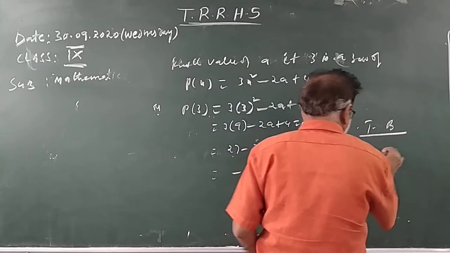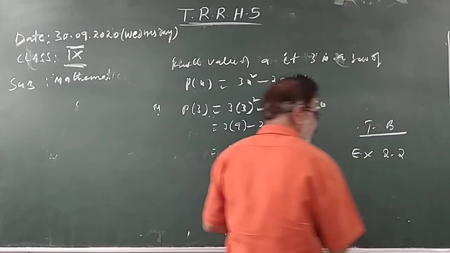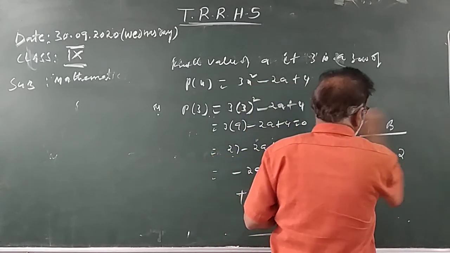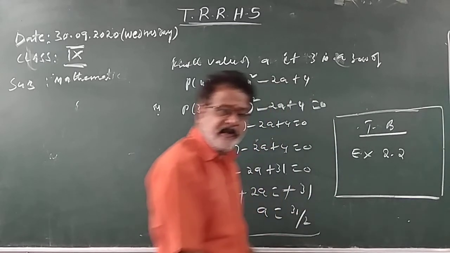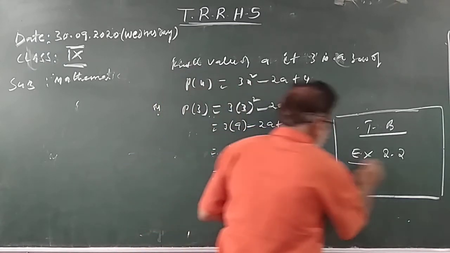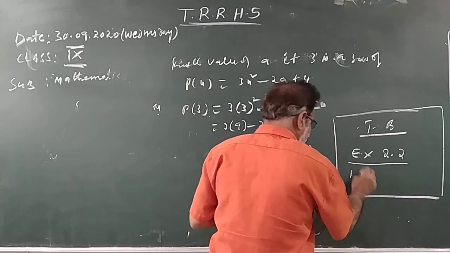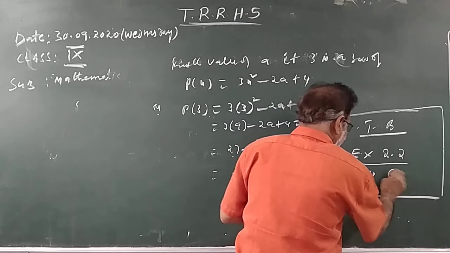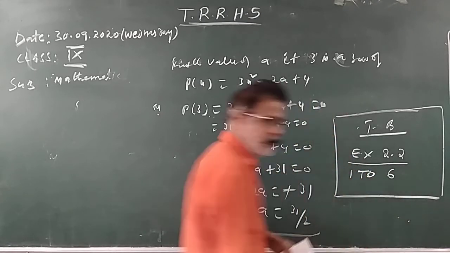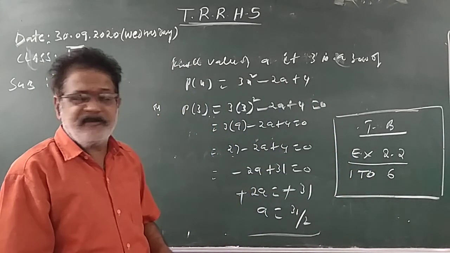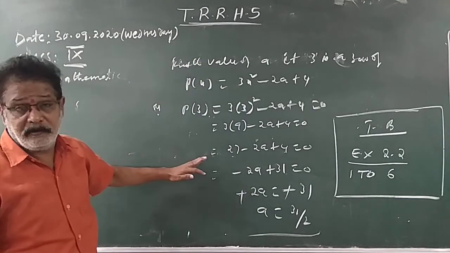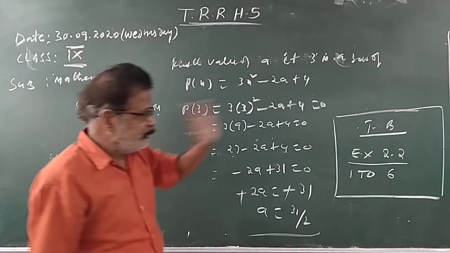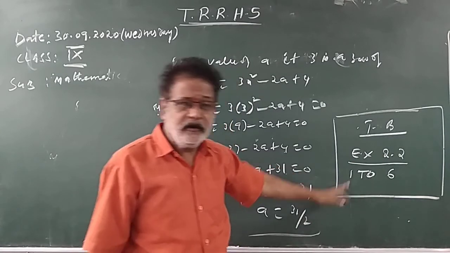Assignment: refer to the textbook, exercise 2.2, solve problems 1 to 6. These problems are based on the value of the polynomial and zero of the polynomial.